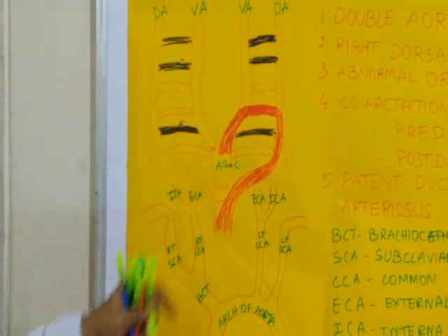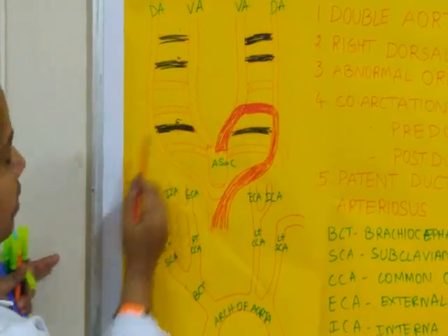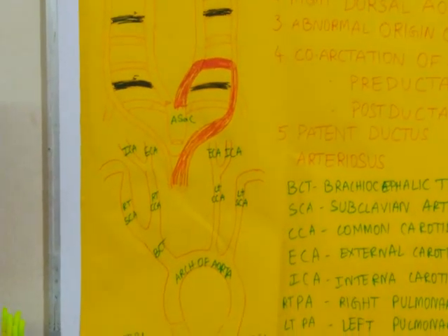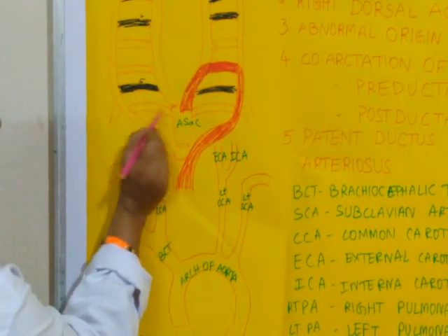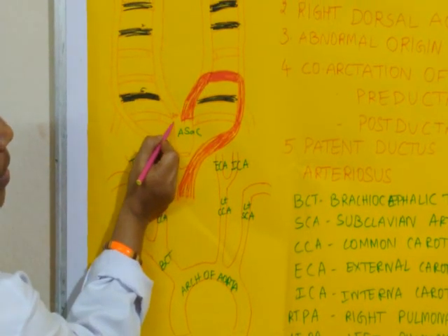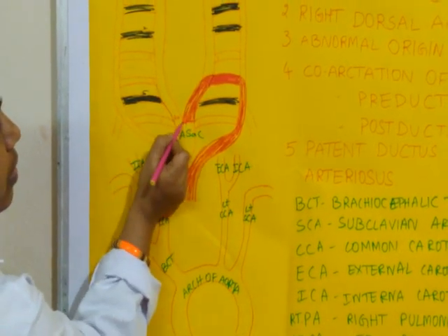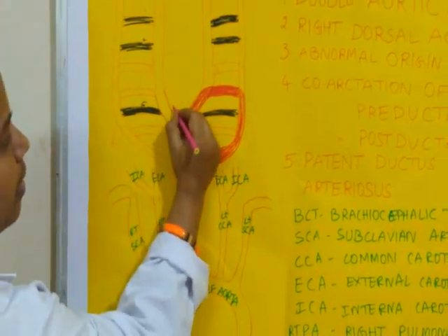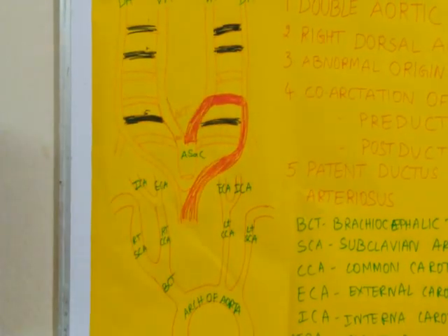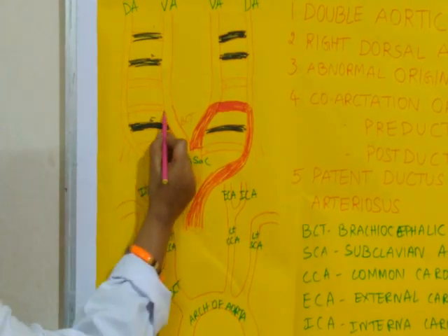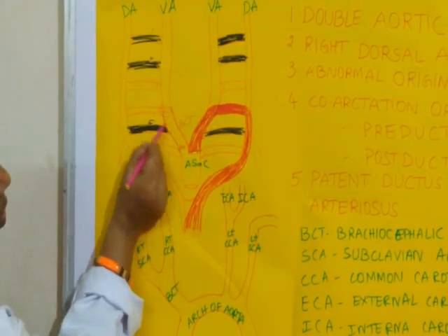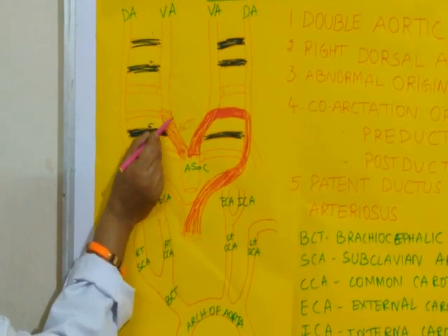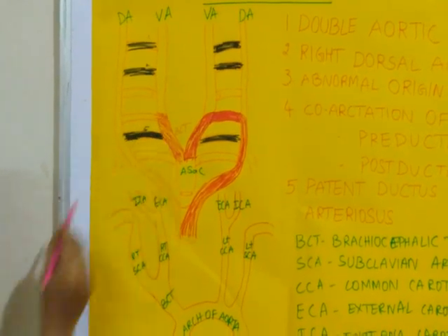Then next, the right horn of the aortic sac gives rise to the brachiocephalic trunk. Right horn forms the brachiocephalic trunk.